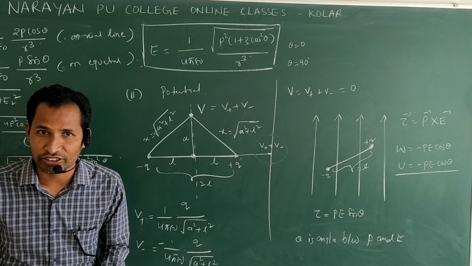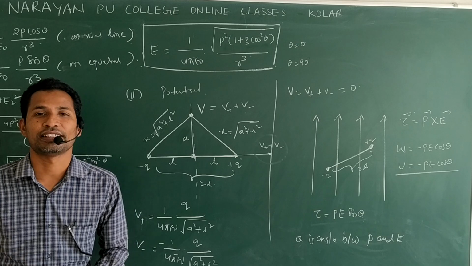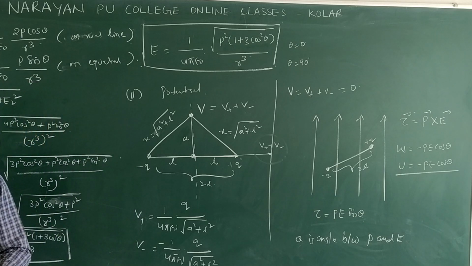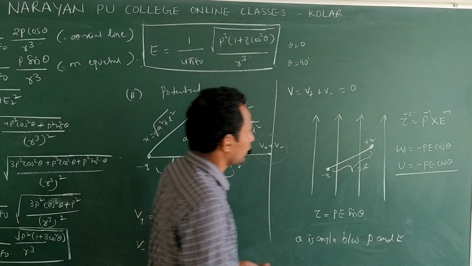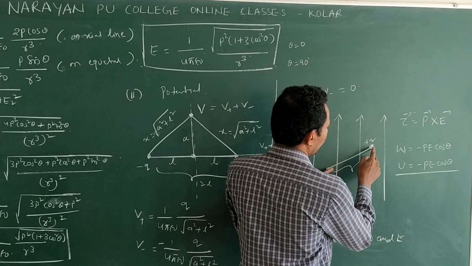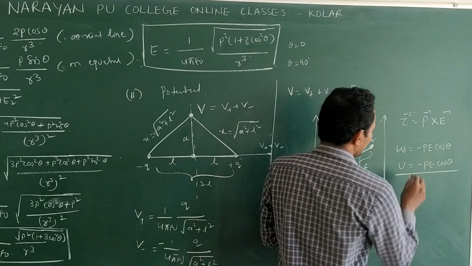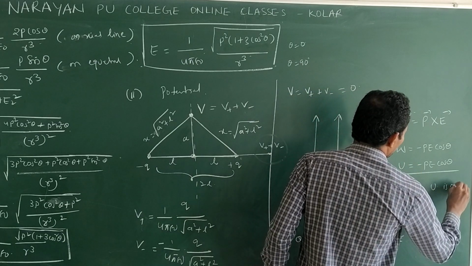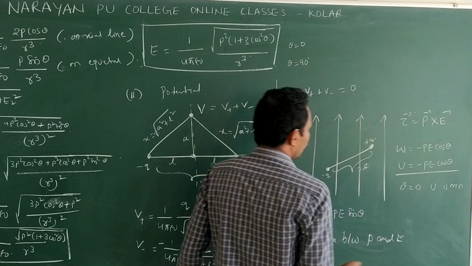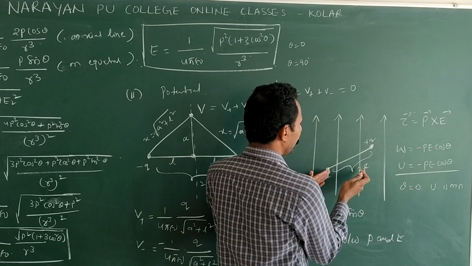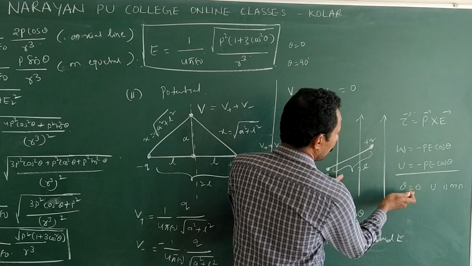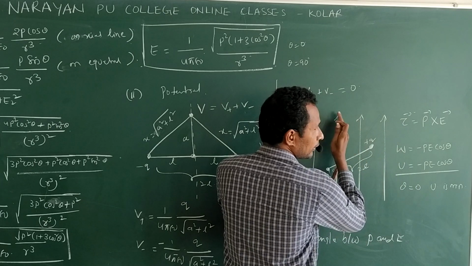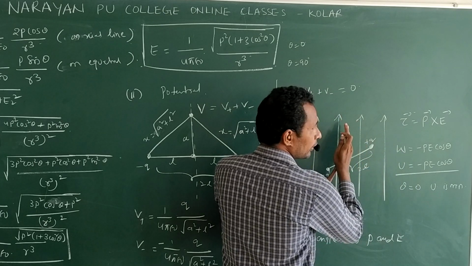When the potential energy is minimum, which equilibrium is that? That is stable equilibrium. When the potential energy is maximum, that is unstable equilibrium. Clear? If θ = 0, U is minimum, meaning the dipole moment and field are parallel.